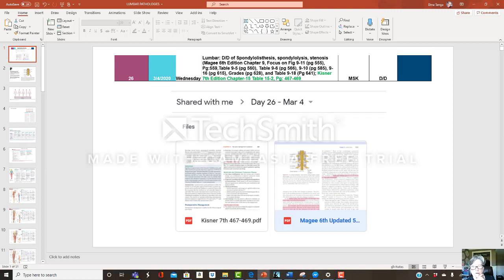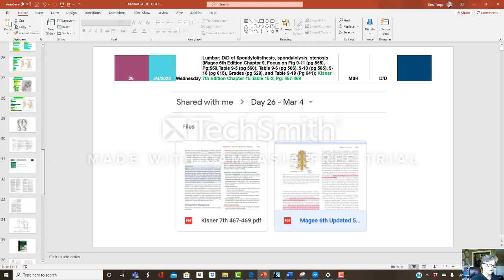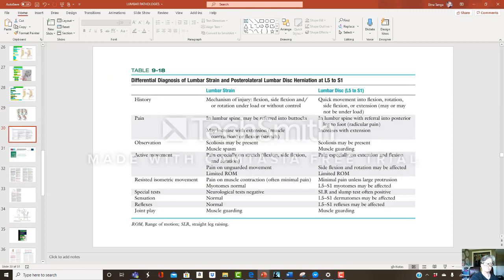So we did the grades. Now we're on table 918. Differential diagnosis of lumbar strain and posterolateral lumbar disc herniation at L5 to S1. History.